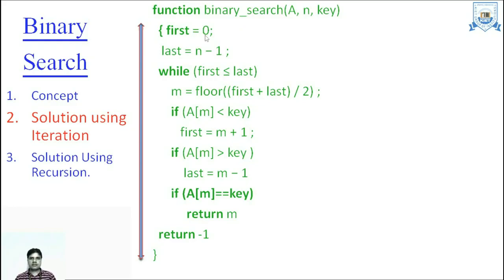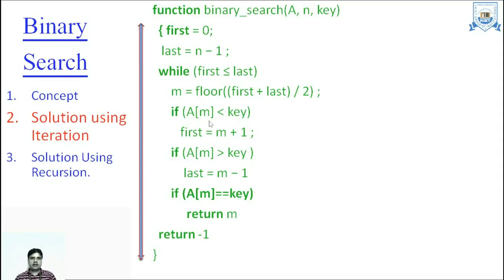So first plus last, whatever is set: assuming the index starts from 0, first has been set to 0, and there are n elements in the array, so n minus 1 would be the last index because it starts from 0. Setting these two values, we can find the value of mid in the while loop. This condition is required because sometimes we may cross, or first and last would be equal. In that case there is no meaning in checking again, so this condition is mentioned here.